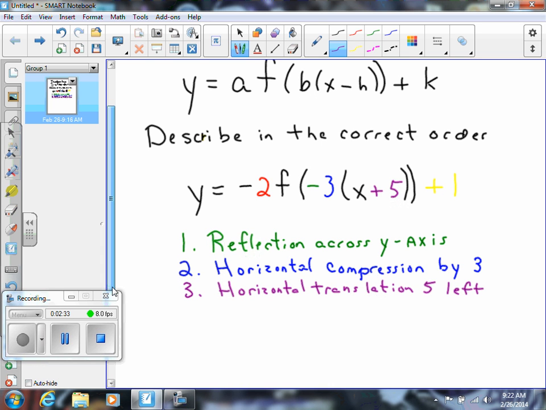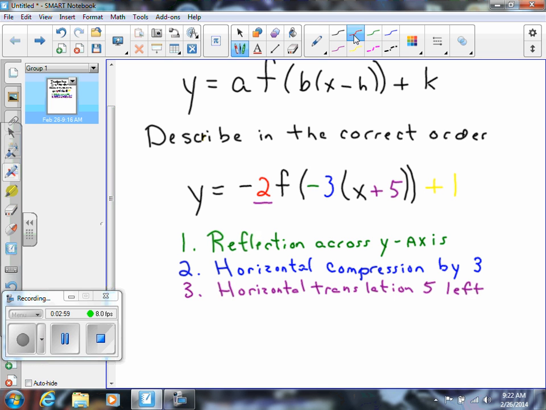After we've dealt with our reflection across the y and our two horizontal transformations, we're now ready to go outside and deal with the vertical transformations. First of all, we've got a 2 found at the front of our graph. That's a multiplier, so we always want to deal with the 2 and the negative sign out front before dealing with that +1 in yellow.